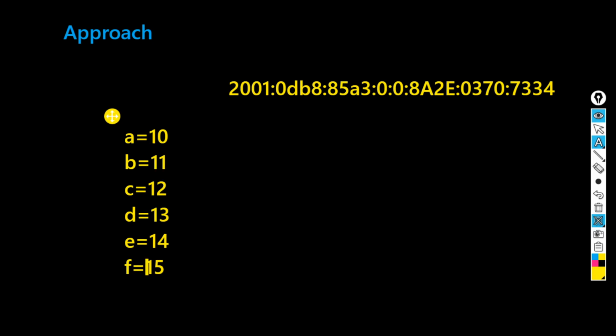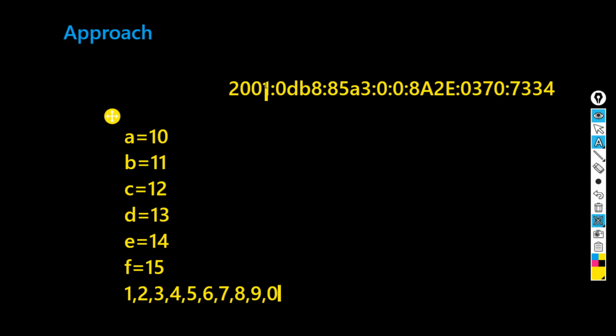So these 6 letters are there, and the usual numbers are also there: 1, 2, 3, 4, 5, 6, 7, 8, 9, these 9 numbers and 0. So this 10 and this 6.